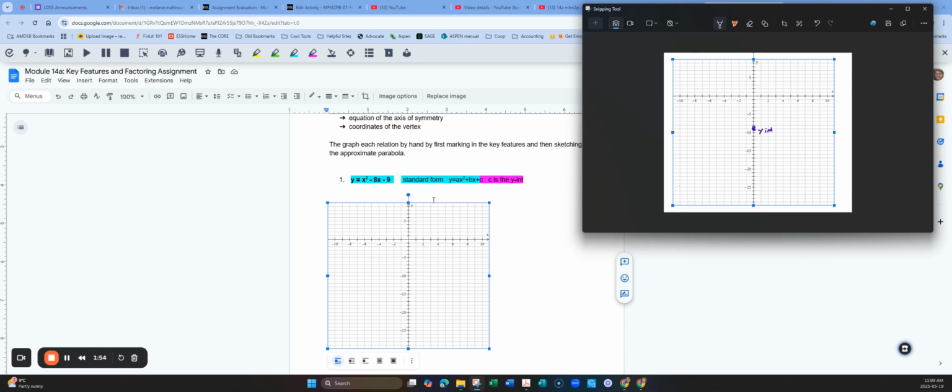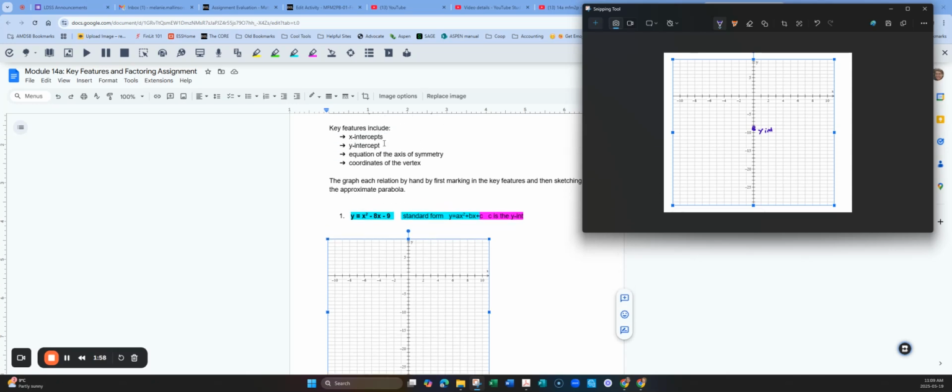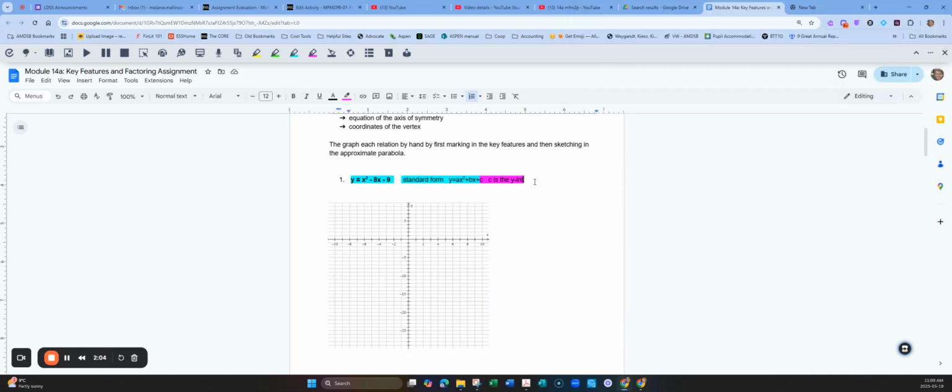Then you're like, okay, how do I figure out the rest of this? Sure, I just did my y-intercept, but how do I get my x-intercepts? Well, this is where you have to turn this from standard form into factored form.